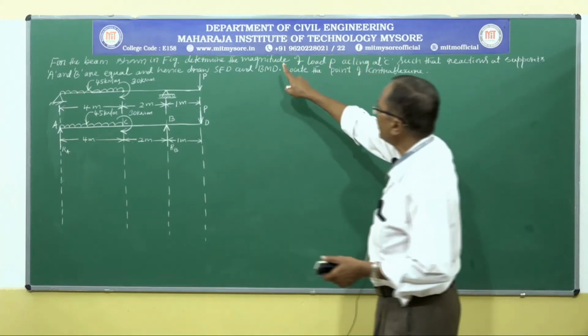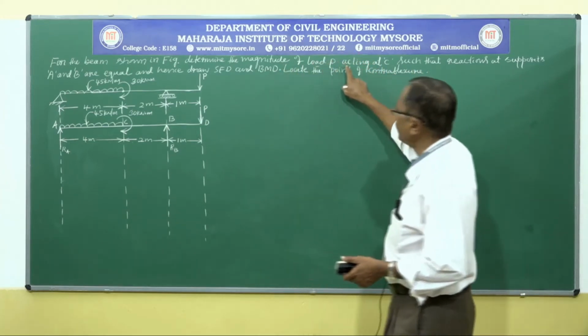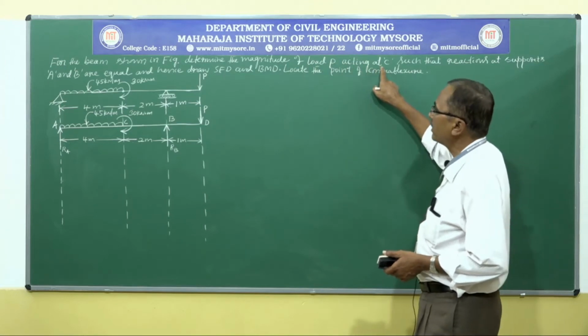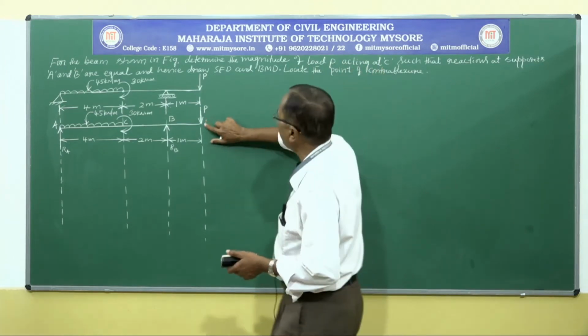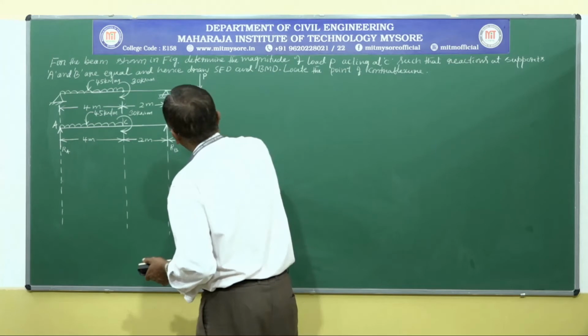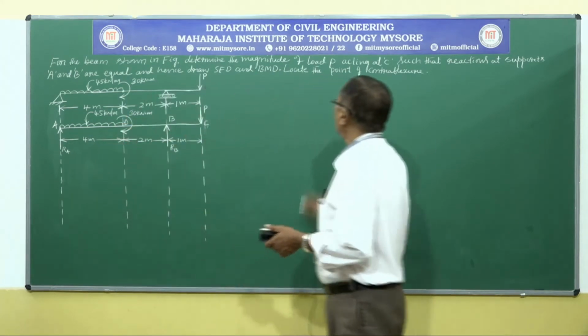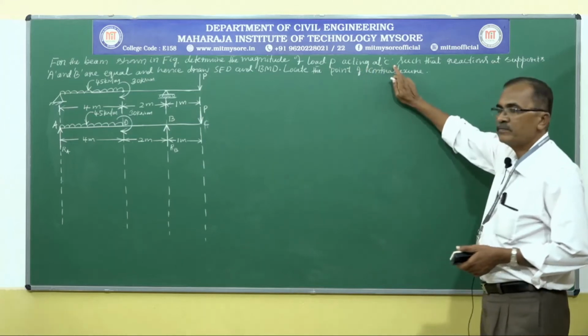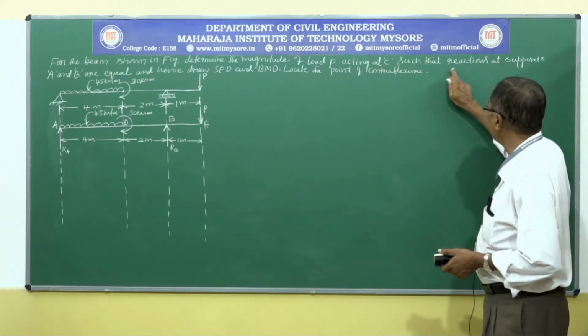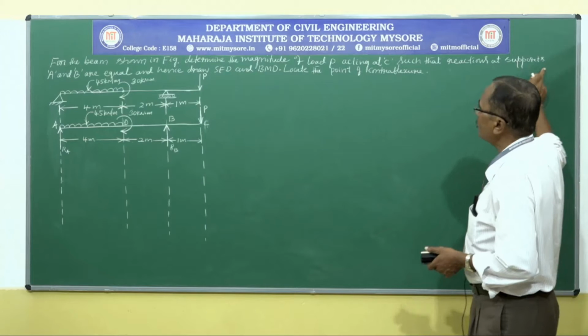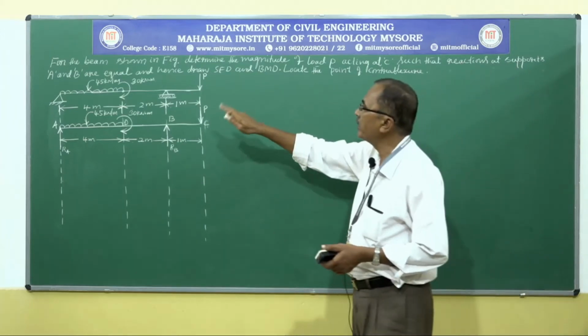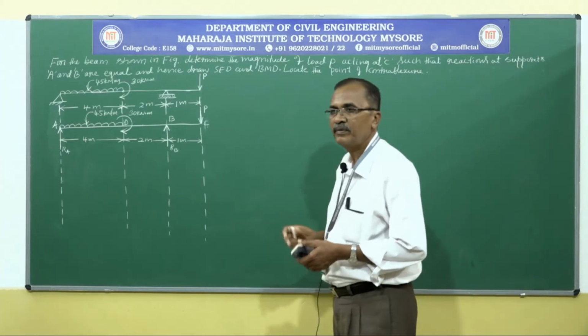It is asked to determine the magnitude of load P acting at the free end, which was named C and we can rename it as D, such that reactions at supports A and B are equal.